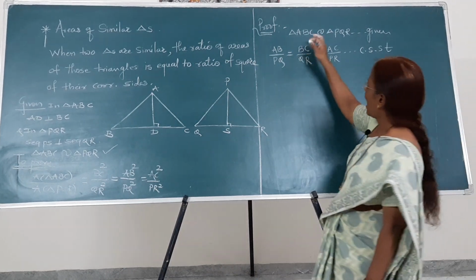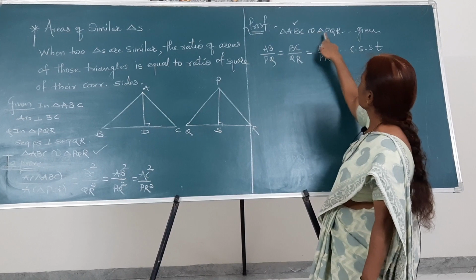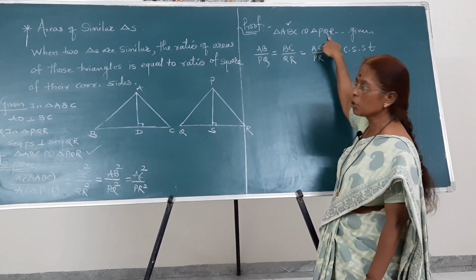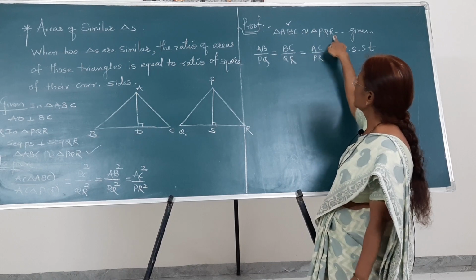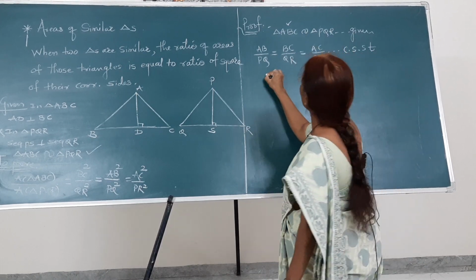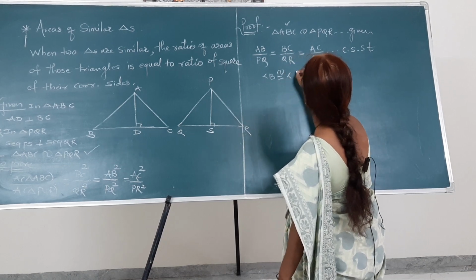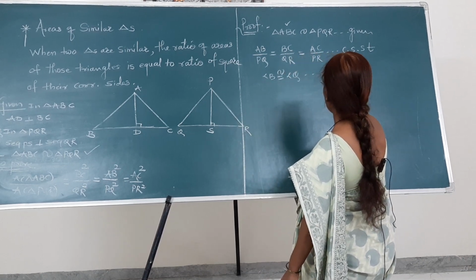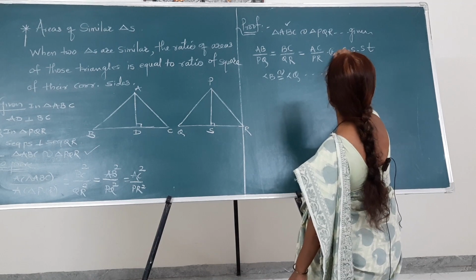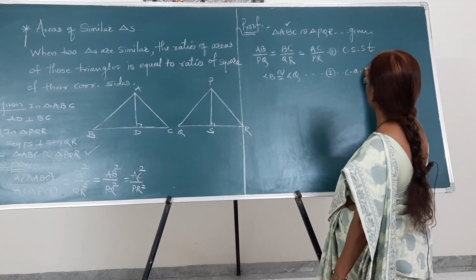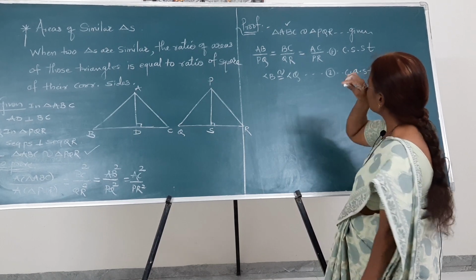And angle A will be congruent to angle P, angle B will be congruent to angle Q, and angle C will be congruent to angle R. But our expected angle is angle B congruent to angle Q. And this is our second equation, the first equation, and the support is corresponding angles of similar triangles.